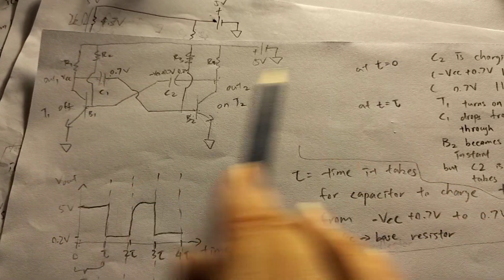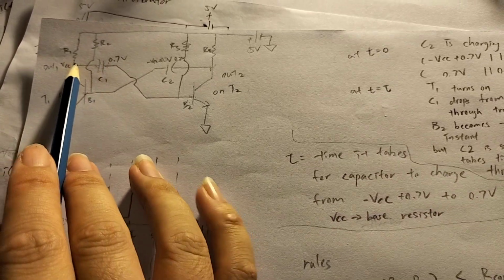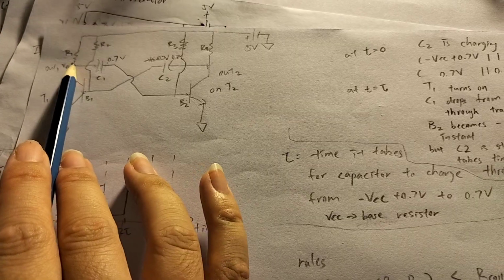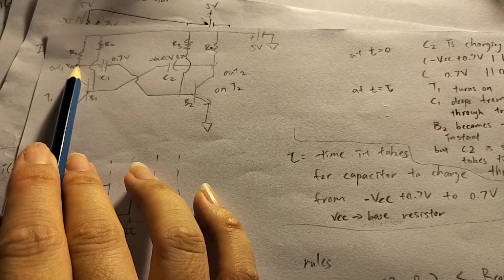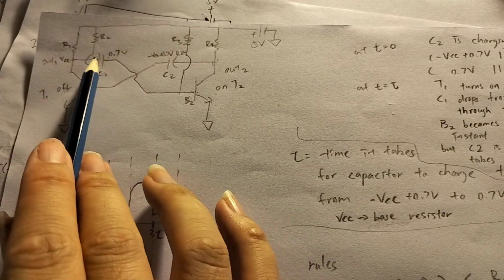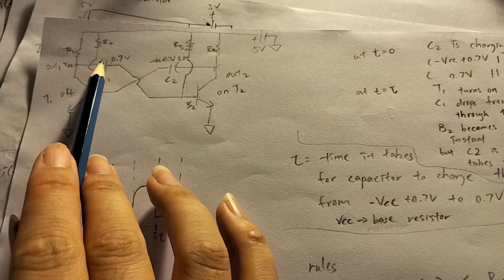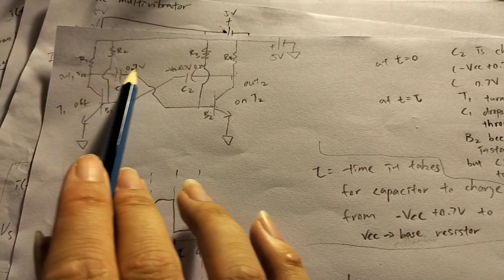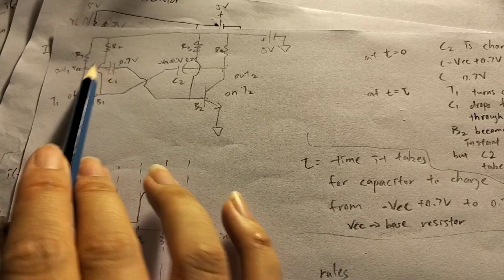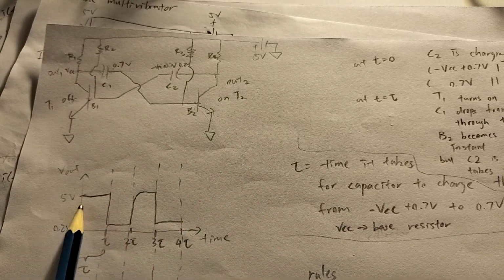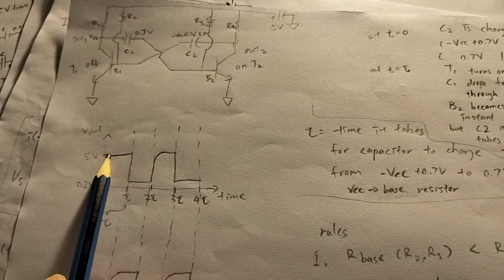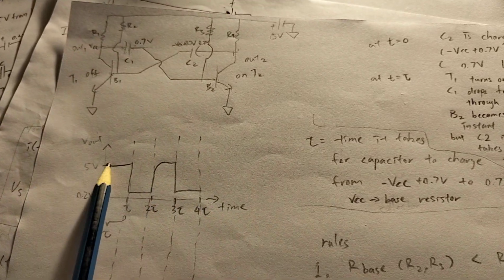So at t equals 0, the voltage across this capacitor actually is VCC on one side and 0.7 volts on the other side. Sorry, my bad. That's why at time equals 0, the Vout of this one is 5 volts.